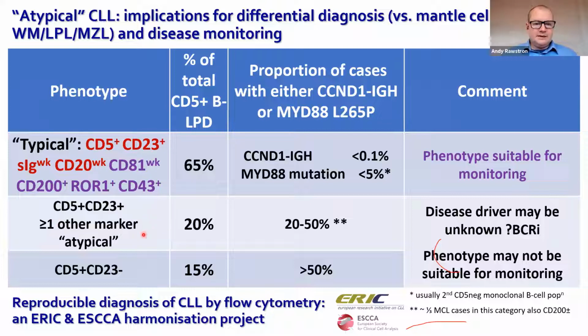If there's a single marker atypical, maybe 20 to 50% of those have another driver, either mantle cell lymphoma with a cyclin D1 translocation or a MYD88 mutation. And if there's no CD23 expression, more than half of those will have a different underlying biology, and the phenotype for those cases may often not be suitable for monitoring.